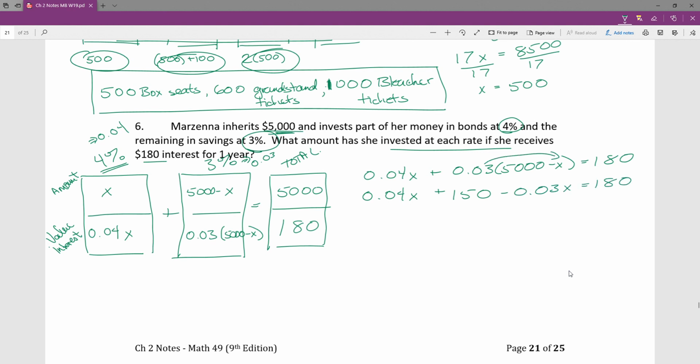Don't forget to do the second distribution as you're working through. I'm going to gather up those like terms. I'm going to finish by subtracting 150 from both sides.